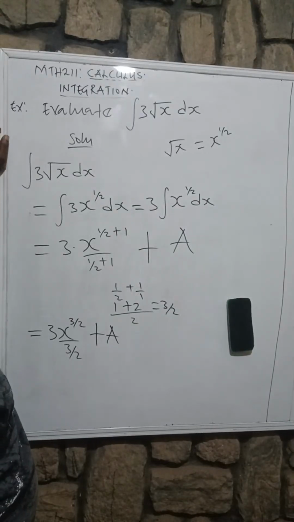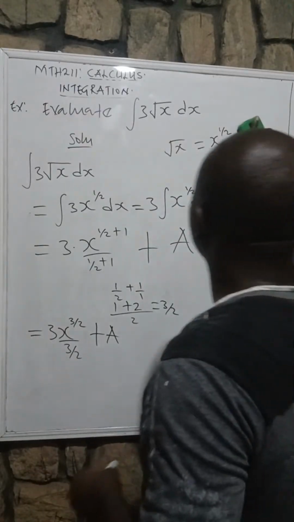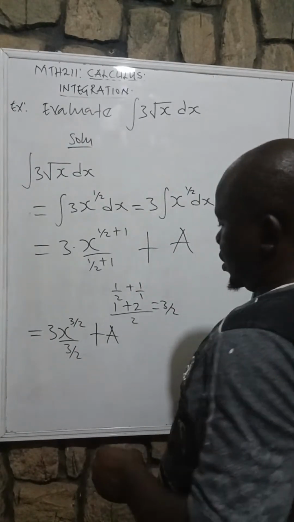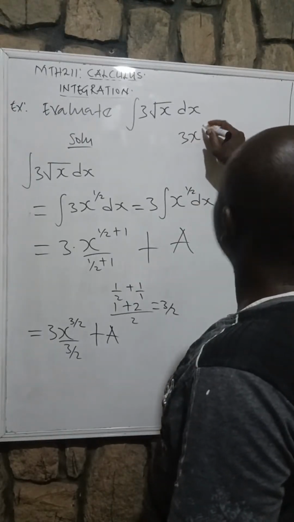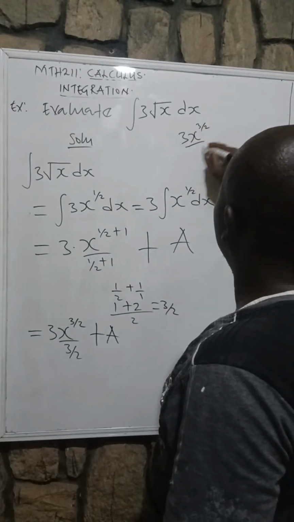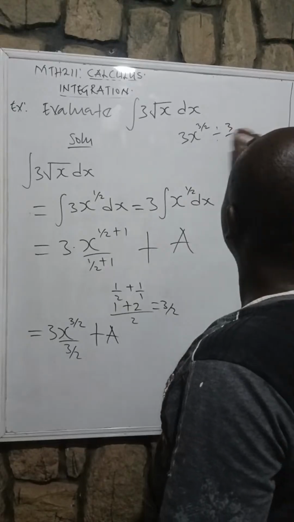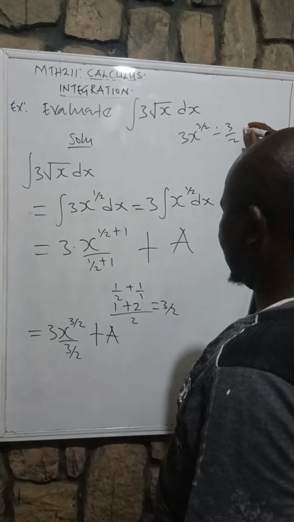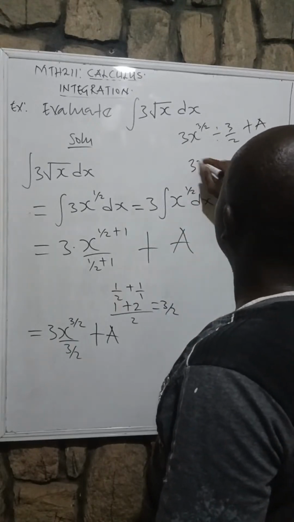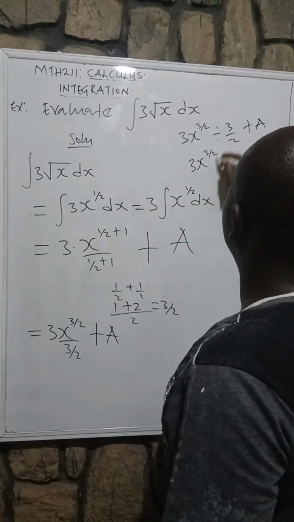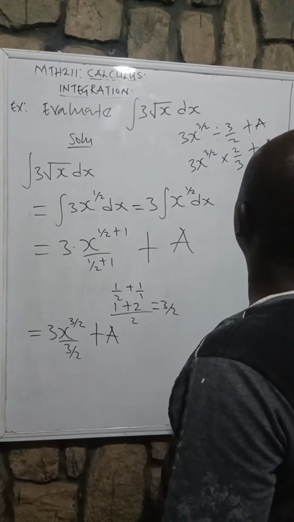But let's look at it together. Or we can still rewrite this answer in this form: dividing by 3 over 2, then plus a. This is the same as 3x raised to the power of 3 over 2 times 2 over 3 plus a.